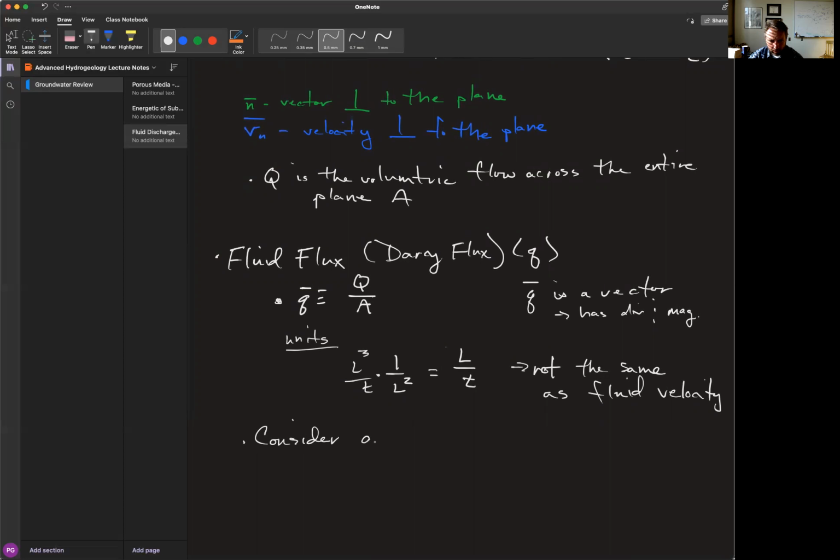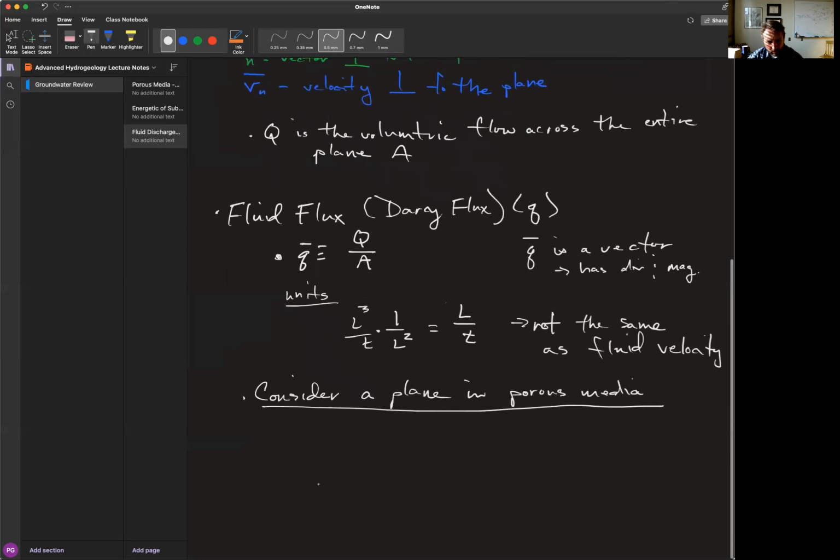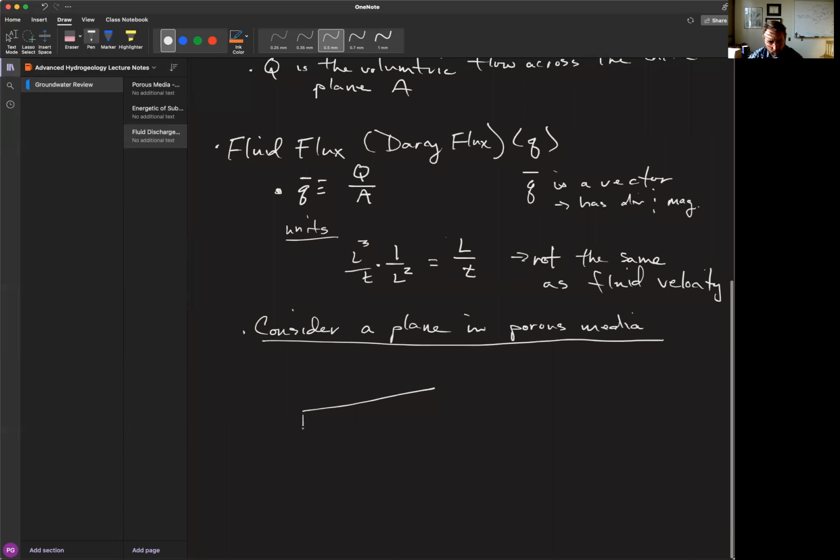So let's consider a plane in porous media. Here's my plane A, but we're in porous media. So we've got grain sizes here, or grains.